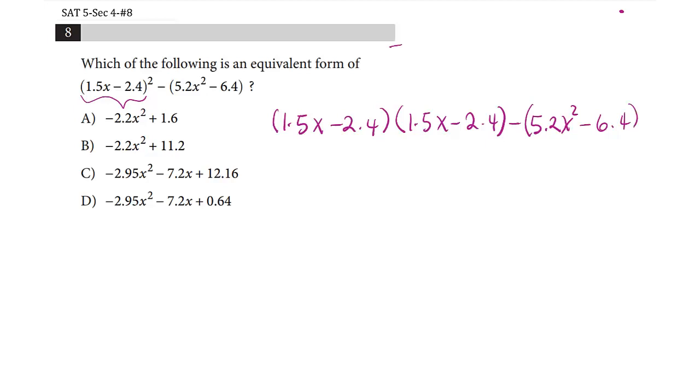Now remember, FOIL stands for first, outer, inner, last, and it's just a mnemonic that we use to help us remember how to multiply binomials.